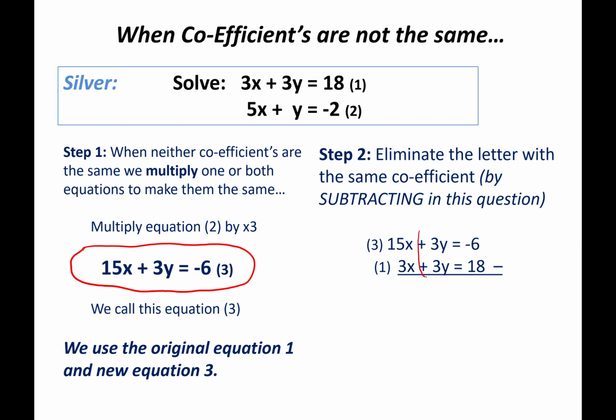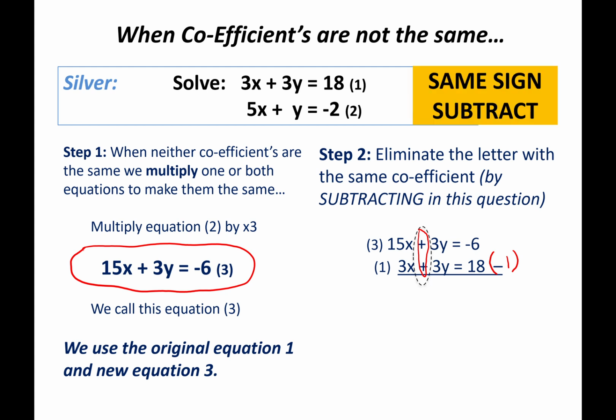So we can see here that the signs are the same, so it's same sign subtract. So we're going to multiply our second equation by minus 1. This gives us minus 3x minus 3y equals minus 18.